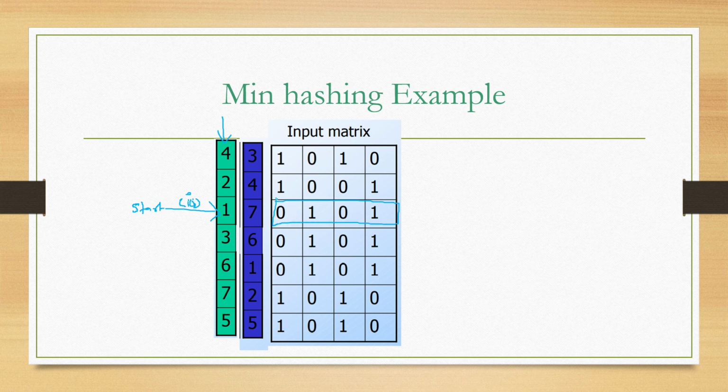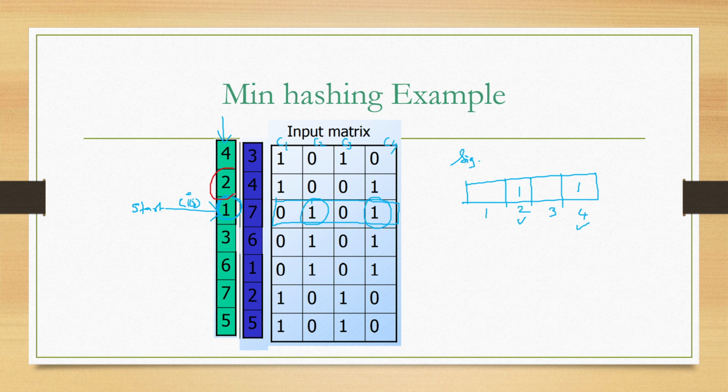Again, the signature matrix will have 4 elements corresponding to 1, 2, 3, 4. 1 is present at C2 and C4, that is the second and the fourth. So at the second and the fourth, I will be writing this number 1. So the first row is done according to the new permutation.